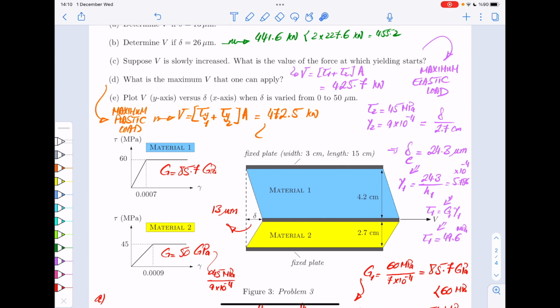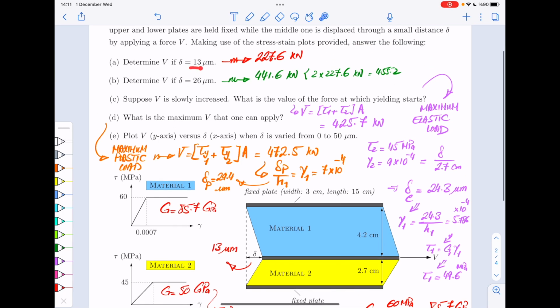So let's call this delta P. Remember, we call this one delta E. Delta P divided by H1 is gamma 1. But now gamma 1 is 7 times 10 to minus 4. Okay, so this is the yield strain. Now if you do that, this gives you delta P of 29.4 micrometers.